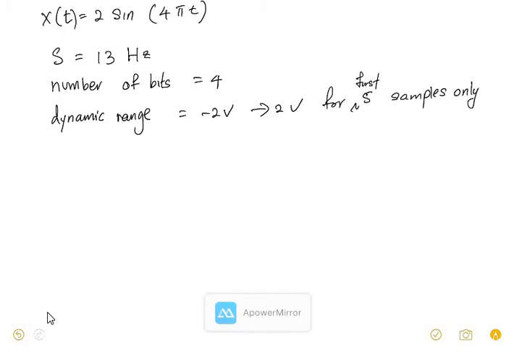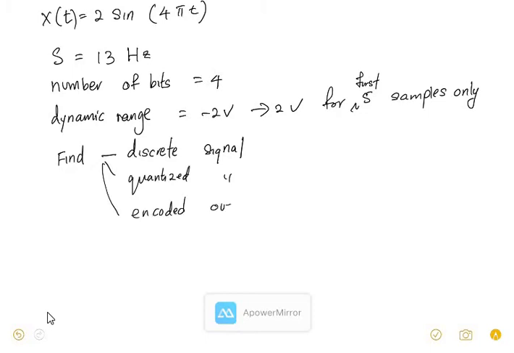So this is the information extracted from the question. The question asks you to find the discrete signal, the quantized signal, and also the encoded output. The quantized signal includes the truncation and the rounding. So this is the information that you need to find.